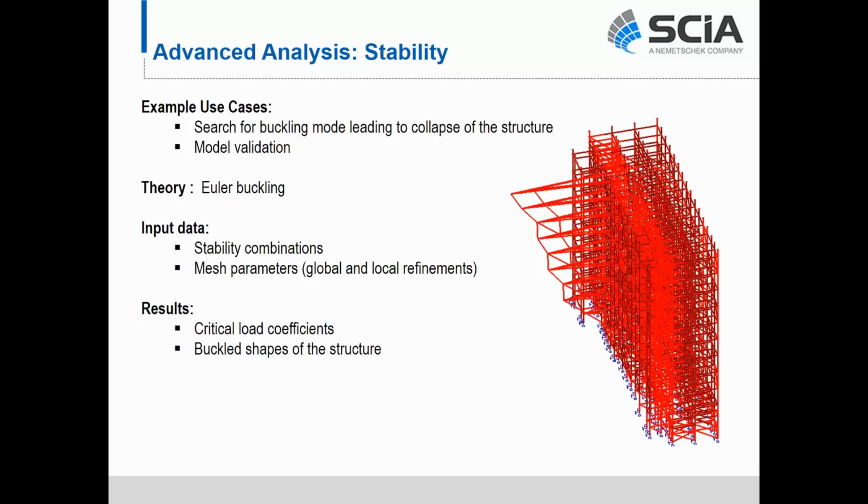And so you can see this can validate your model. Using the Euler buckling theory, you basically use stability combinations as types of eigenmodes and can then determine how the structure buckles. What you get is not only graphically the buckled shape of the structure, but also the critical load coefficient, the multiplier of whatever load you've got applied to the structure in that combination, at which that buckling will occur.